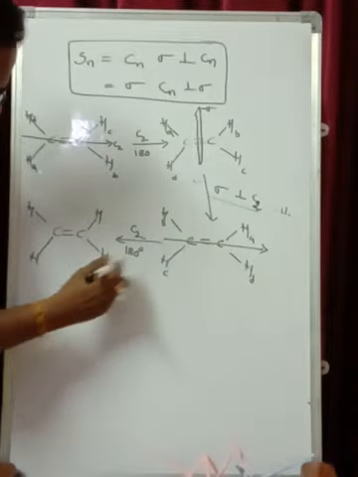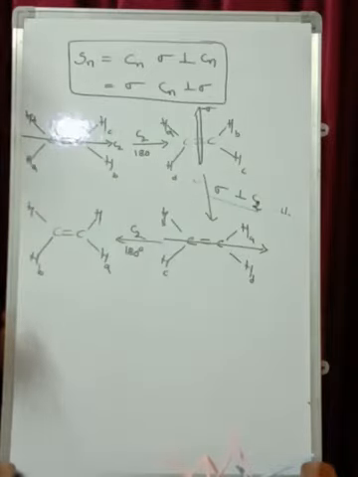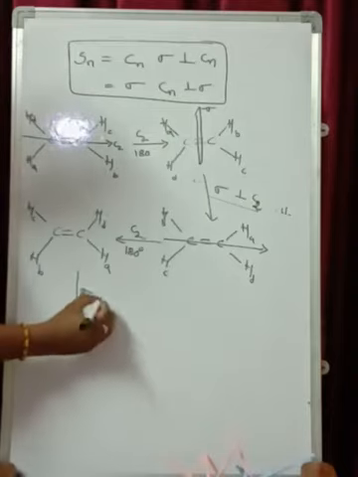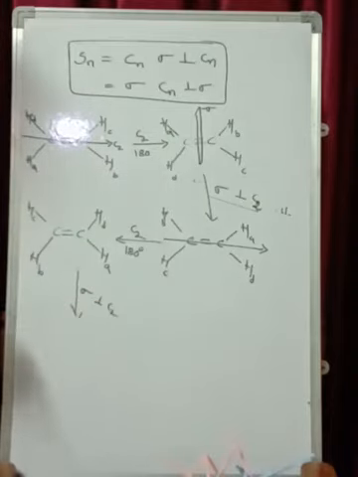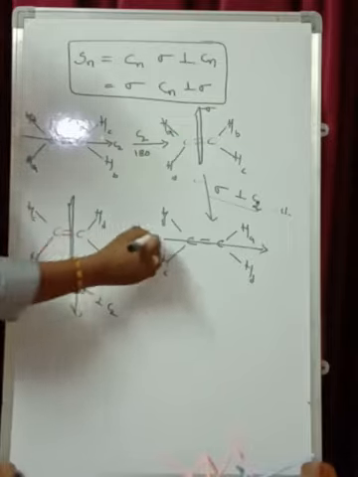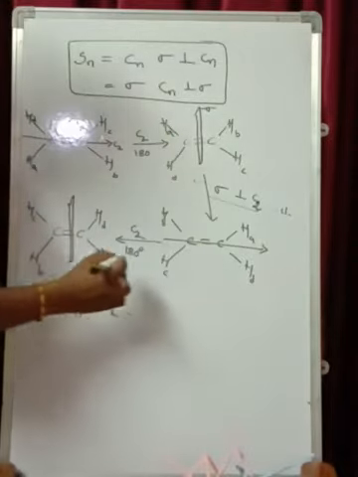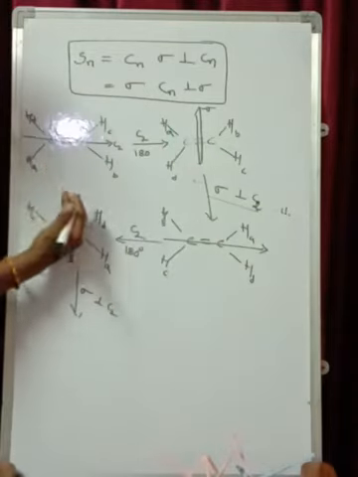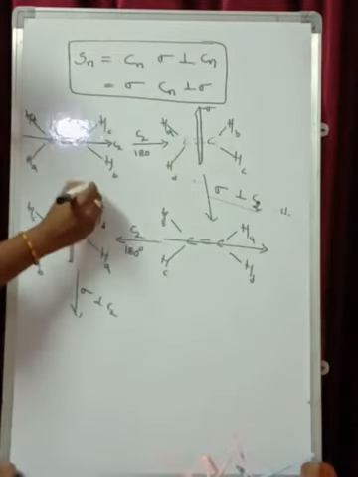HA comes below the plane, HB also comes below the plane, HC and HD will be going above the plane. Now this is followed by again sigma, that is perpendicular to C2. Now that sigma is passing from the center of the double bond, because your axis, that is C2, is passing like this along this plane. So your sigma should come like this, that is the center of the molecule. Now this is your sigma.